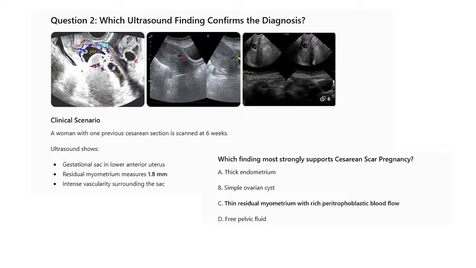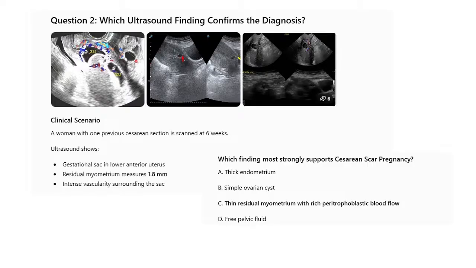D. Free pelvic fluid. A woman with one previous cesarean section is scanned at 6 weeks. Ultrasound shows gestational sac in the lower anterior uterus. Residual myometrium measures 1.8 millimeters. Intense vascularity surrounding the sac. Which finding most suggests cesarean scar pregnancy? A. Thick endometrium. B. Simple ovarian cyst.